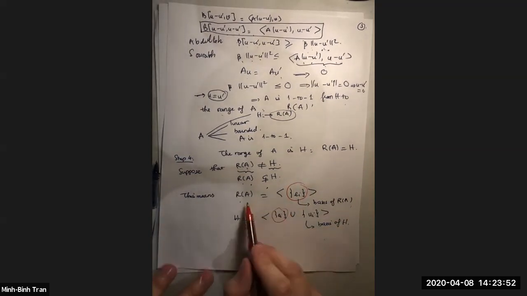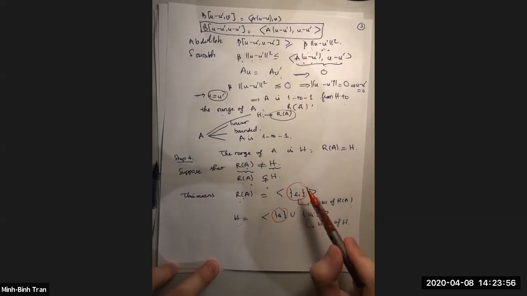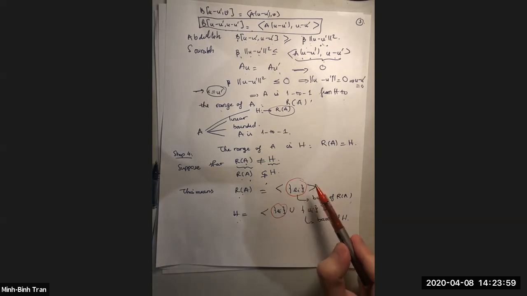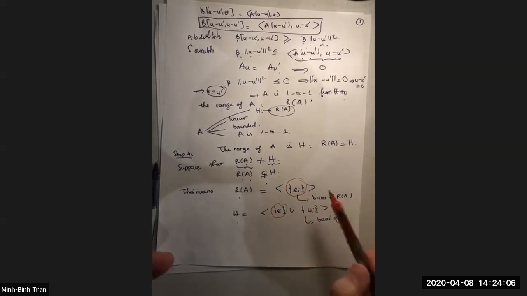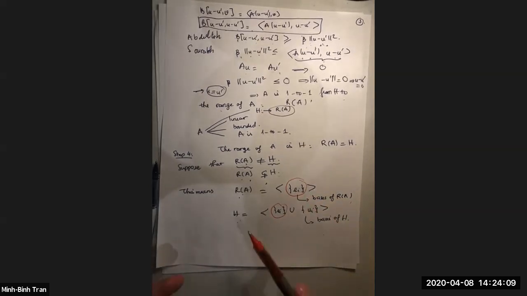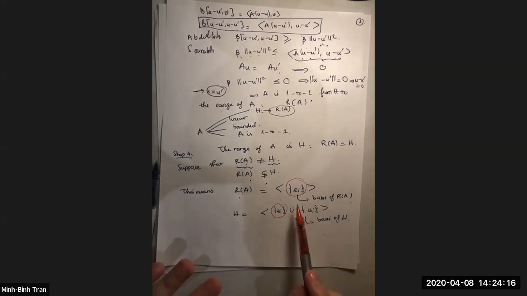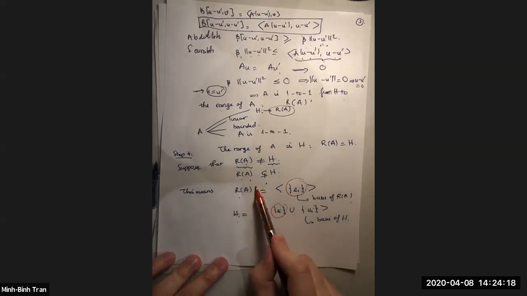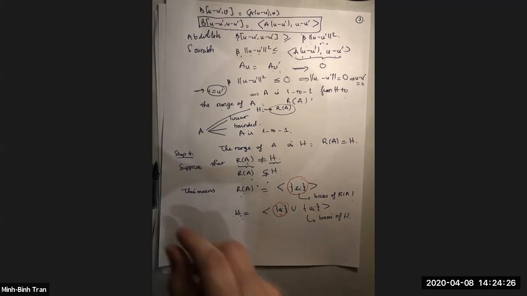So I is a subvector space of H. It is the linear expansion of a basis EI, right? I don't care how many members we have in this basis, but we suppose that H, which is the bigger space containing A, because this H is bigger than A, which means that you can have more elements in this basis, right?